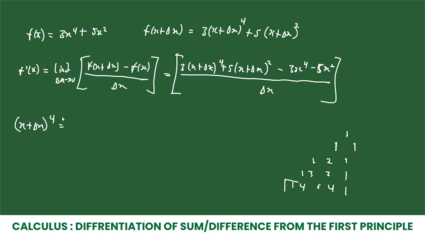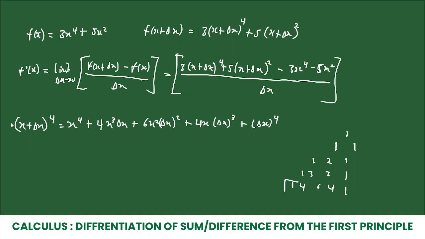So this is 4, 4. All right, so we are going to get x to the power 4 plus 4 x cubed changing x plus 6 x squared changing x squared, right? Then we are going to get plus 4x changing x to the power 3, and then plus changing x to the power 4.